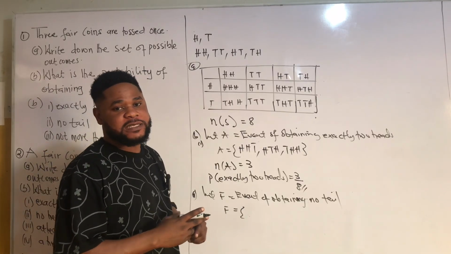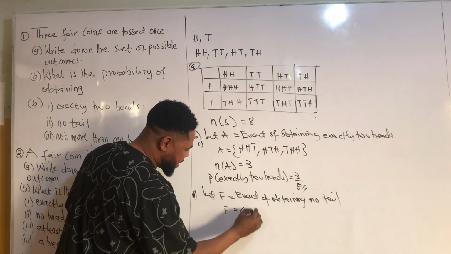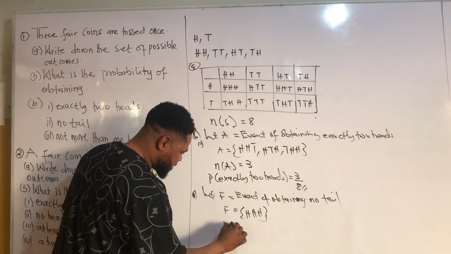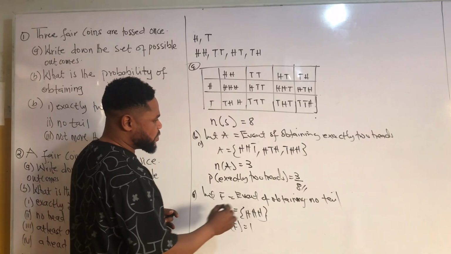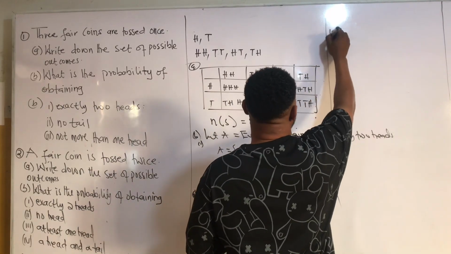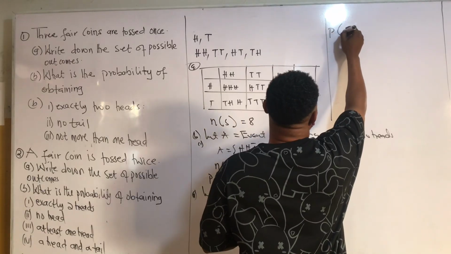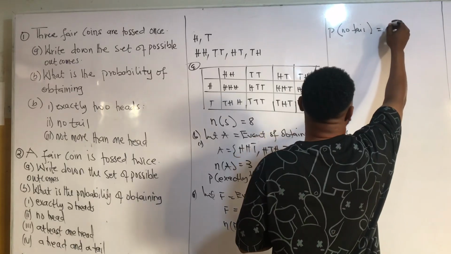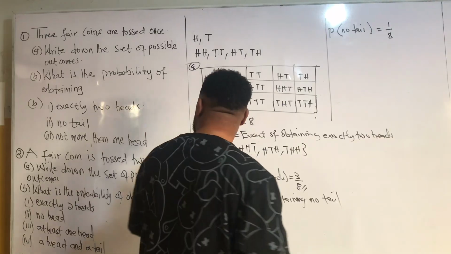So no tail means we have only this one, head, as we can see. So the number of this will be what? 1. So we can go forward and write the probability of obtaining no tail. It's going to be 1 over what? 8, and that will be our answer.